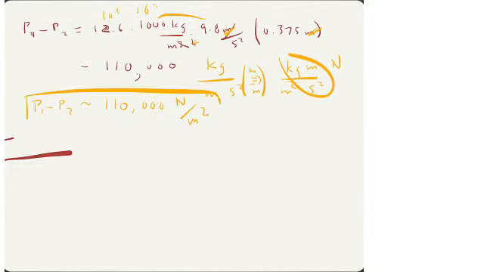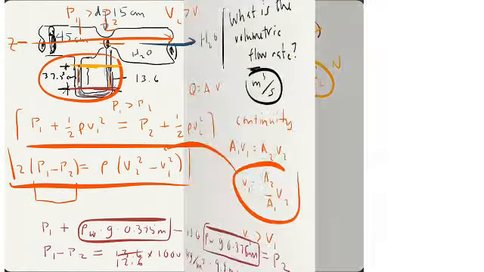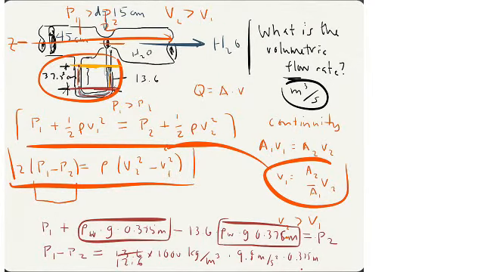Okay, so that's one value that we've got going on here. So what else do we need to do? Well, we need to put that P1 minus P2 here. That is 110,000 newtons per meter squared times 2 divided by this density is the difference in these velocities squared.